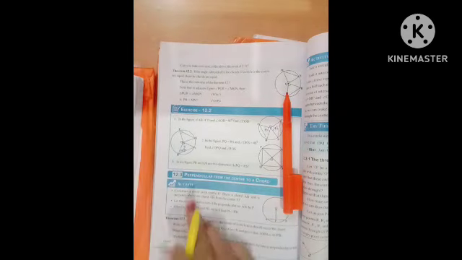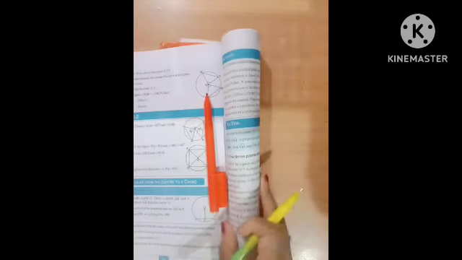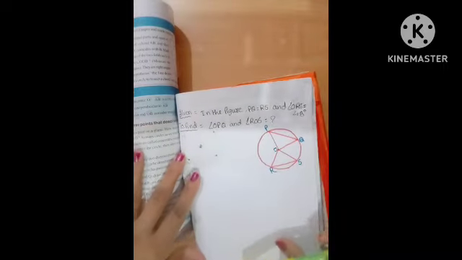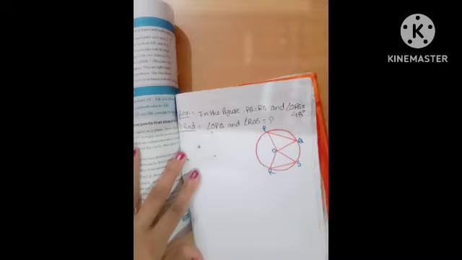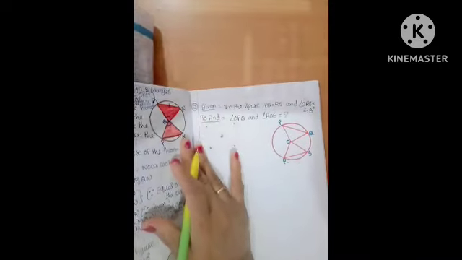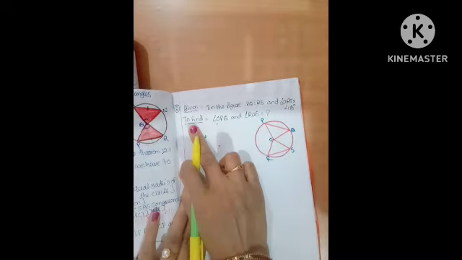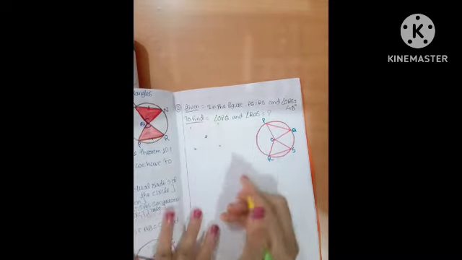This problem's solution is also very simple. First, the given data: in the figure, PQ equal to RS is given and ORS equal to 48 degrees is given. We have to find these two angles.